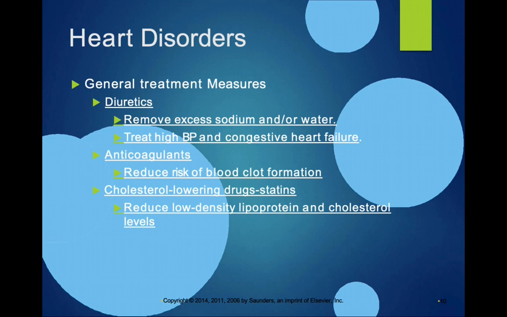Cholesterol-lowering drugs are called statins. There are some on the market. Let's see, simvastatin, atorvastatin. These statins are Lipitor, Crestor. These are statins that block the body's ability to produce cholesterol. It blocks an enzyme called HMG CoA reductase.